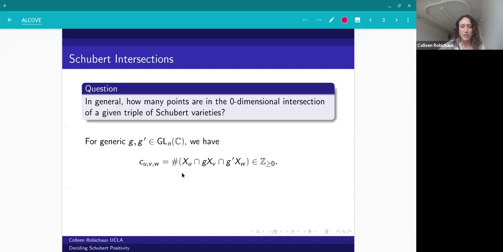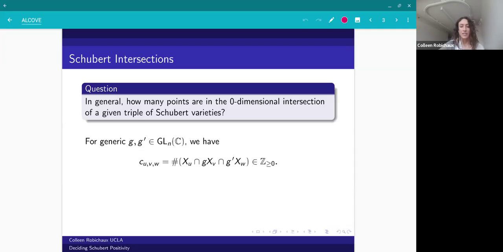And so you can study what should be, for U, V, and W, the number of points that you would measure in this intersection. And something that's not obvious is that if you have indeed perturbed these Schubert varieties by generic elements in GLn, so actually chosen sufficiently random things to perturb these varieties by, you're always going to get the same point count here.